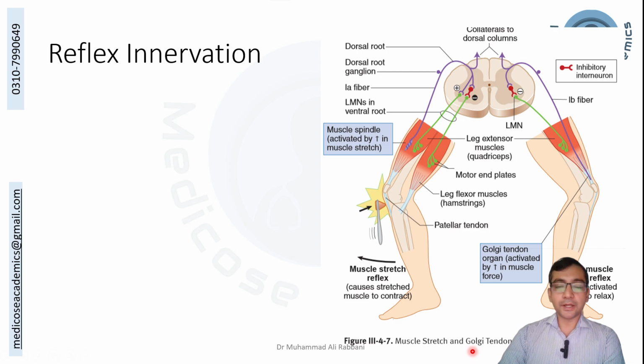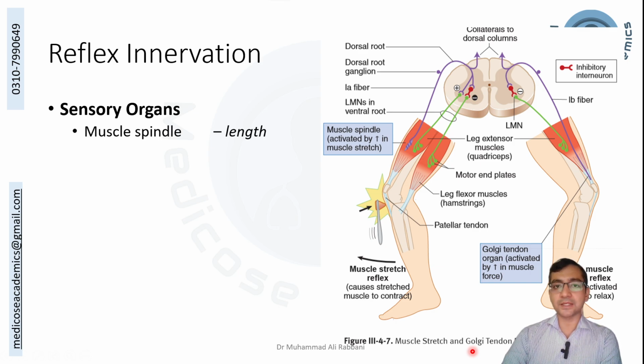Before going into that, let us discuss what are the major sensory organs that are responsible for reflexes. This is a picture taken from USMLE Kaplan notes, and the two major sensory organs that we are going to discuss are the muscle spindle and the Golgi tendon organ. Muscle spindle is shown right here.